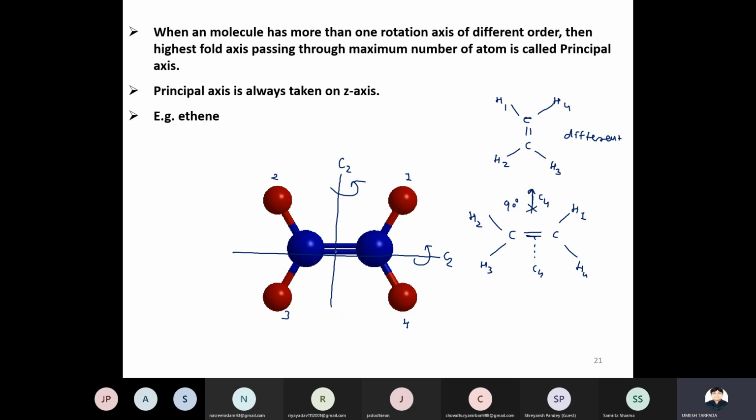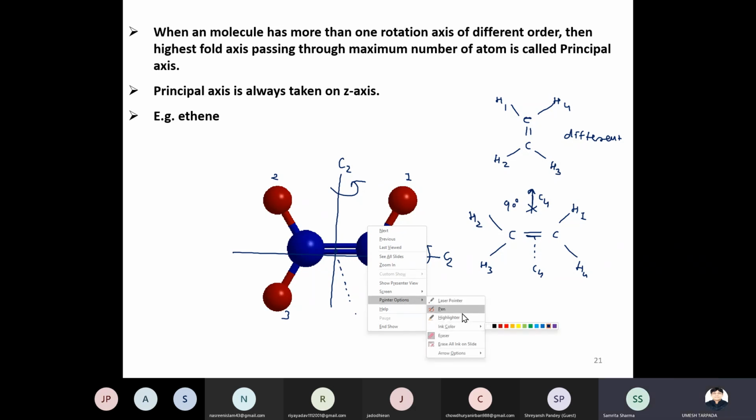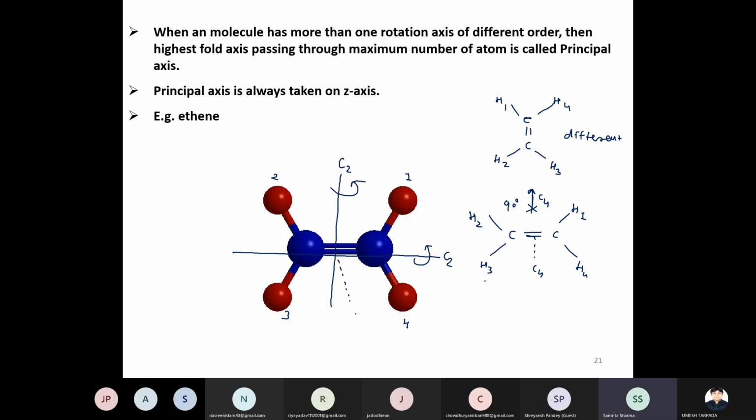Now we can imagine the axis which is perpendicular to the plane of the molecule. That is here, it's a C2. Now if you take this axis, you tell me which two atoms can change their position. 2 and 4, and 1 and 3.